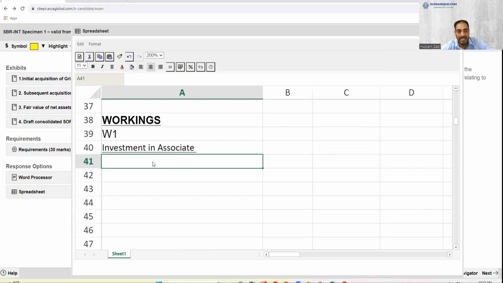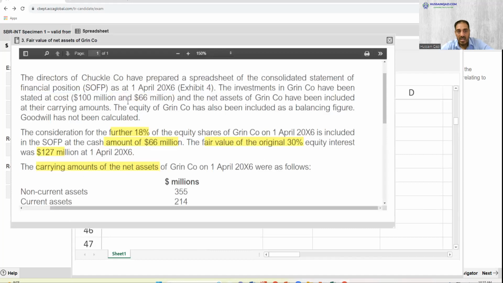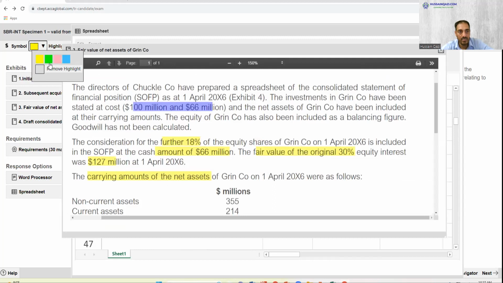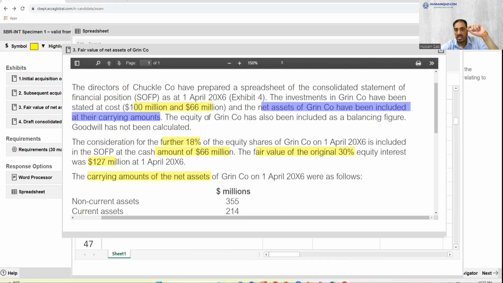So the important point is that here 166, okay, and the net assets of Grin have been included in the carrying amount. The equity of Grin company has also been included in the balancing figure, and goodwill has not been calculated. Then a further investment of 18% in cash, amount 66, and the fair value of the original 30% is 127.